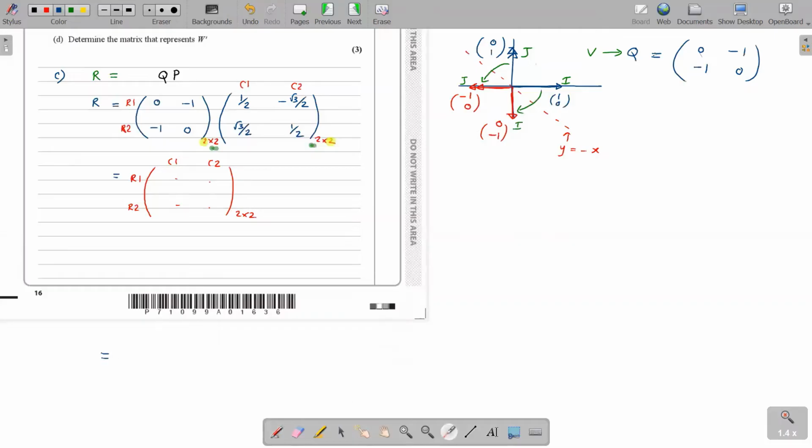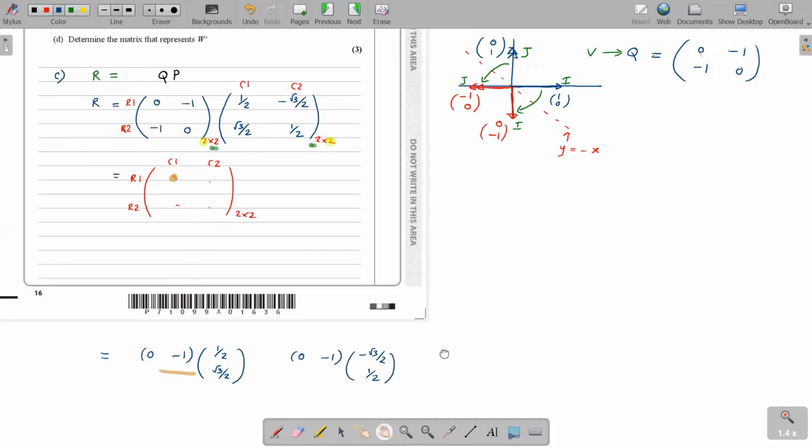The first element is found by multiplying row 1 with column 1. Row 1 is 0, -1, and column 1 is 1/2, √3/2. Remember, rows are provided by the first matrix, columns by the second matrix. The second element is found by multiplying row 1 with column 2. Row 1 is 0, -1. Column 2 is -√3/2 and 1/2.